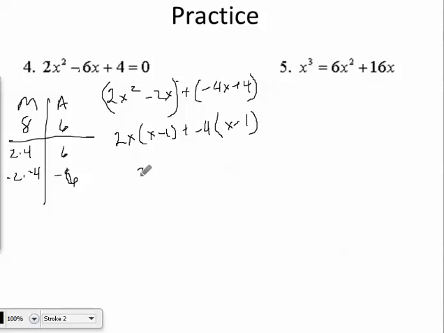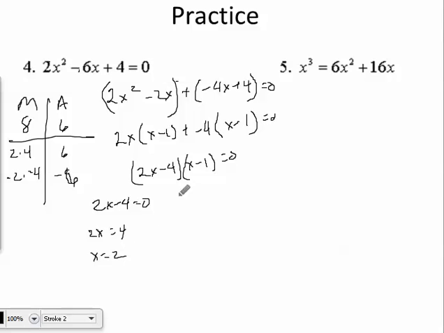Okay, that leaves me with 2x minus 4 and x minus 1. And these are all equal to 0. I left that off. Okay, so that means that 2x minus 4 equals 0, or 2x equals 4, or x equals 2. Or over here, x minus 1 equals 0, x equals 1.